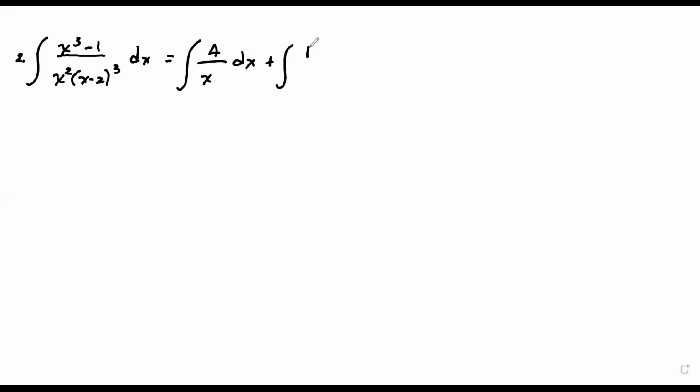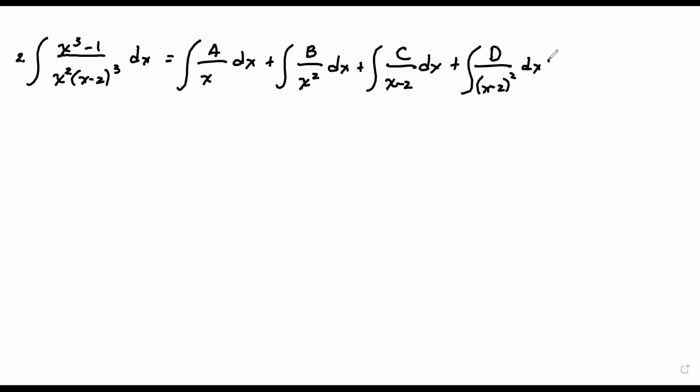The integral of a over x dx plus the integral of b over x squared dx plus c over x minus 2 dx plus d over the square root of x minus 2 dx plus the integral of e over the cube of x minus 2 dx.